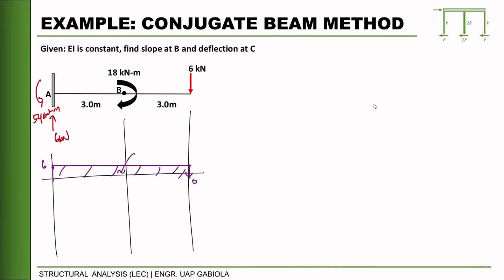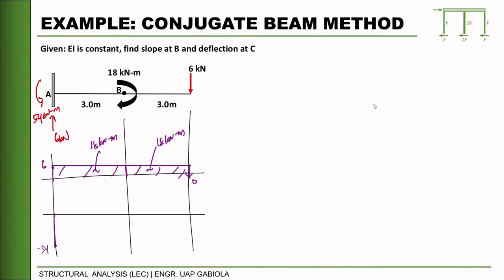Let's divide this shape into 2. This will be 18 kilonewton meter, and this will also be 18 kilonewton meter. Next, plot the 54 downwards, so negative 54.